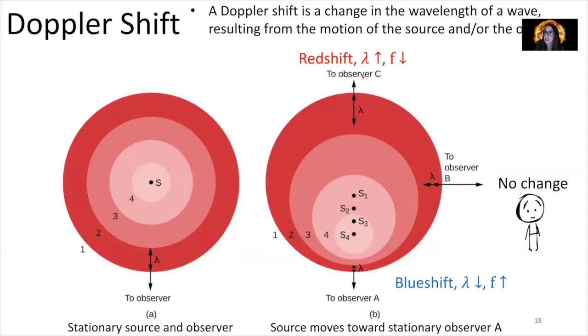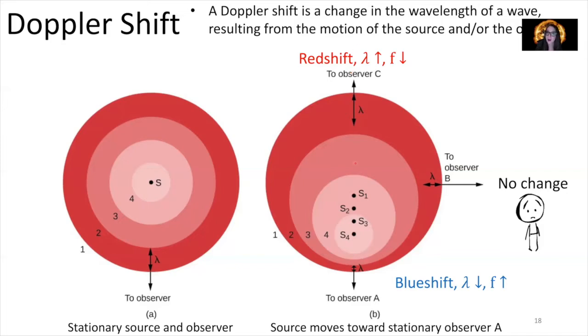And then if you're over here, you're the observer here, and the source of sound is moving away from you, okay? As that source of sound is moving away from you, every time that source moves away from you, the wavelength becomes longer and longer between consecutive wave fronts of that sound that's moving away from that source, okay?